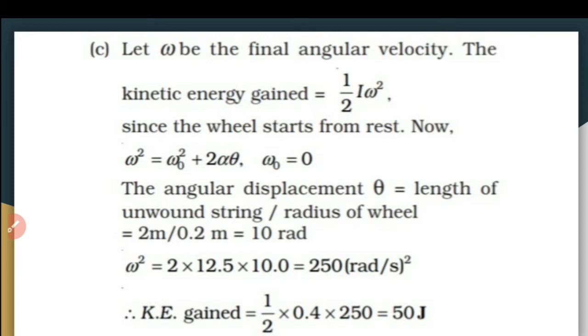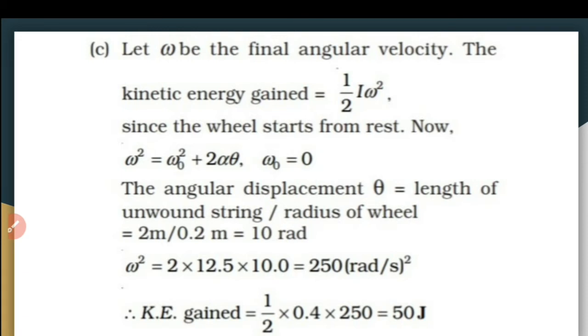How will we get the angular displacement? It's given that 2 meter of the cord is unwound. So the length of the cord unwound divided by radius will give us the angular displacement. We are getting it from the definition of angle: angle is arc length by radius.